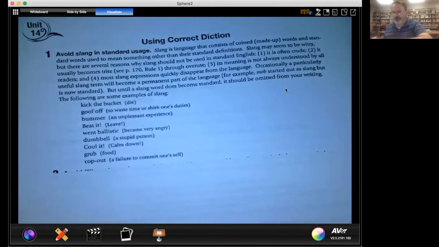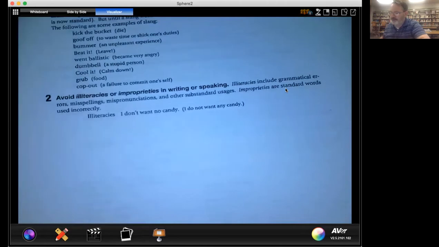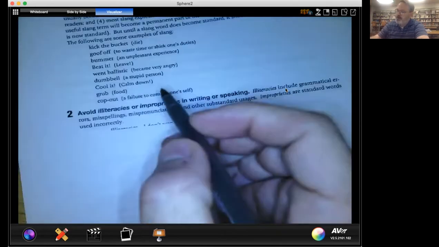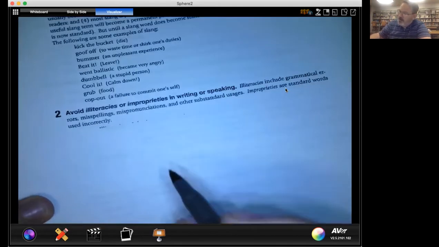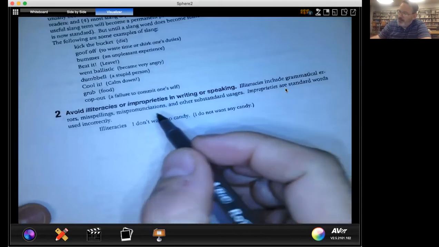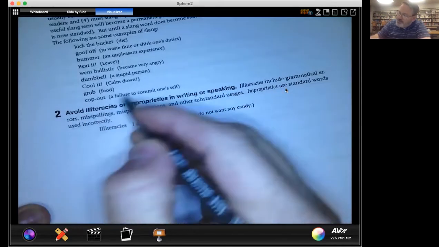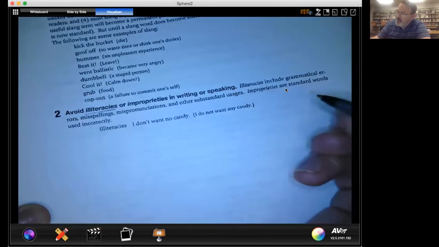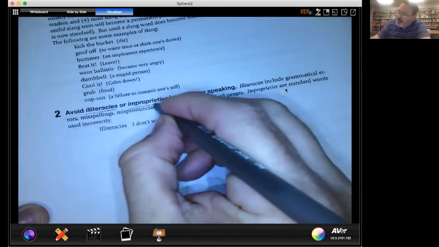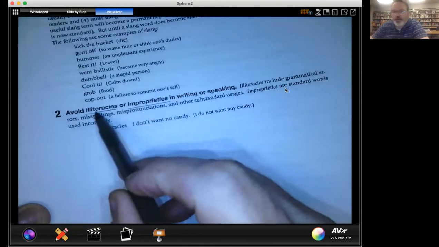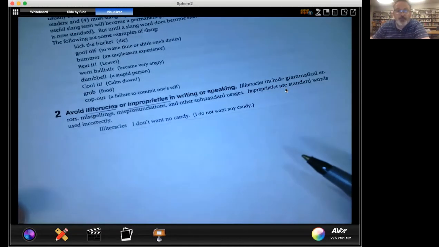Okay, let's look at number two. We're going to talk about two different forms of incorrect usage or non-standard English. One is called illiteracies. The other is called improprieties. Okay, when you hear illiteracy, you think of not being able to read.